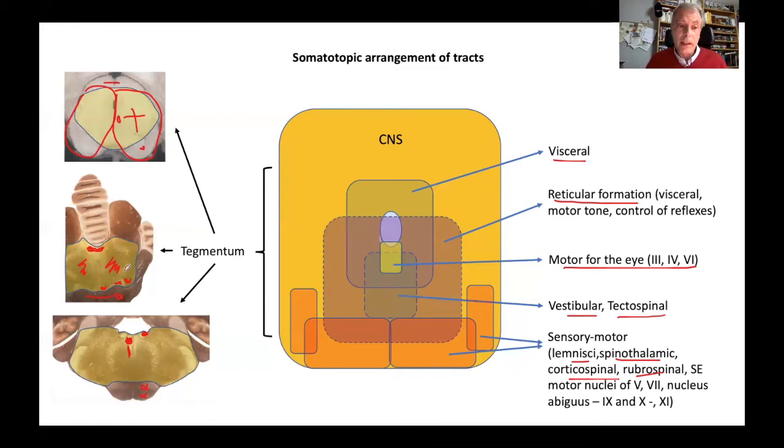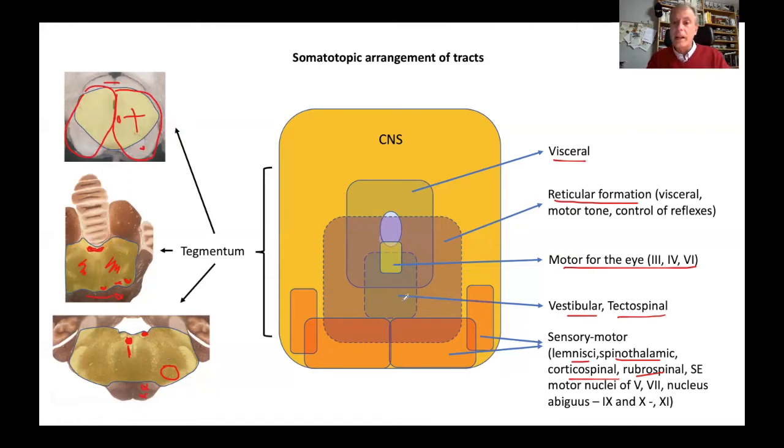However, the rubrospinal tract is located in the tegmentum, okay? And also, the nucleus ambiguus, that is caudal to the motor nucleus of the facial, is located in the tegmentum, okay? So there is a somatotopic arrangement as well of tracts.